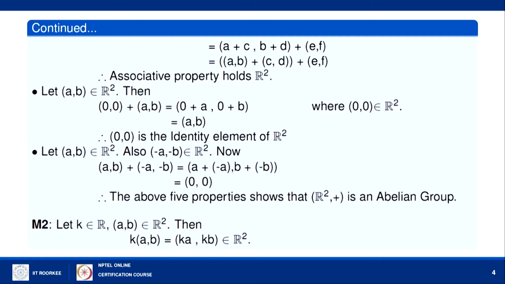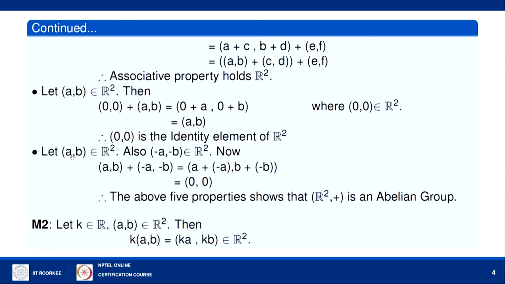Further, if you take the origin of the R2 plane, that is (0, 0), and add this to any vector (a, b), the result will come out to be (a, b) only. So, hence (0, 0) is an element of R2 and it is the identity element. So, existence of identity holds here.